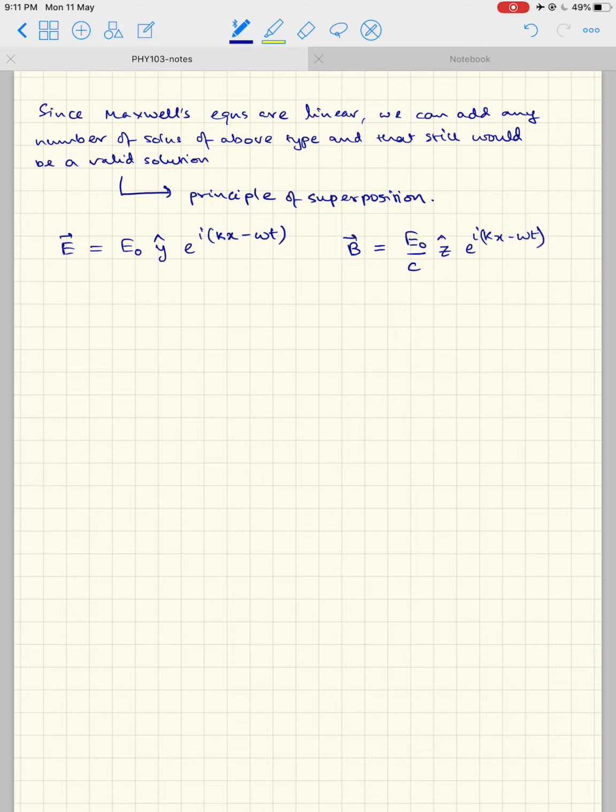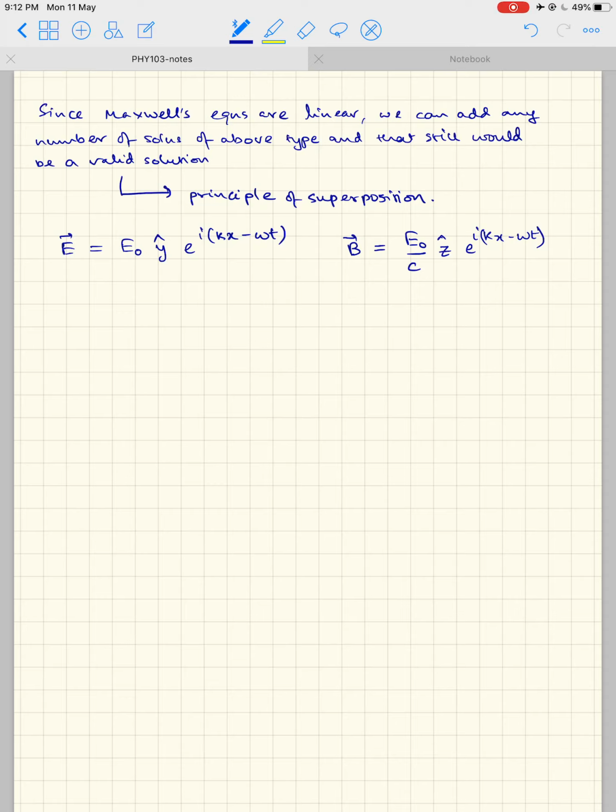Now this might sound strange, because physical electric and magnetic fields should certainly be real. And what you should do is simply think of the real parts of the above expressions as the actual electric and magnetic fields.